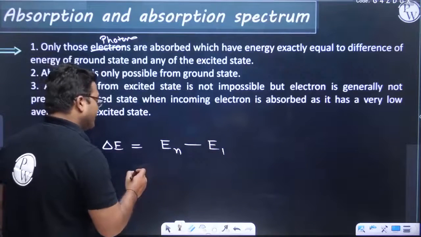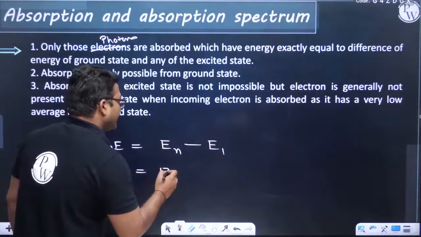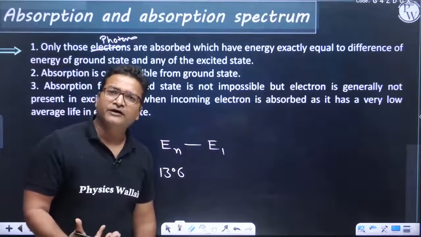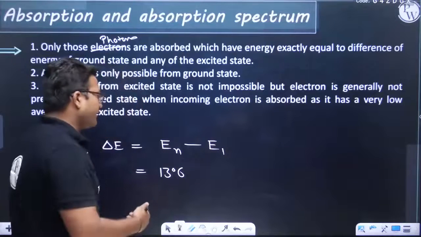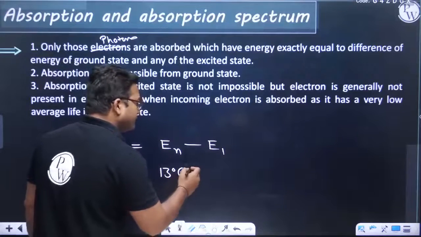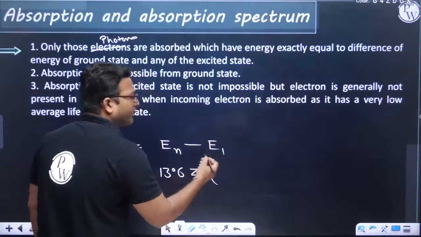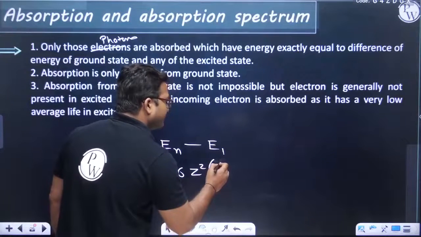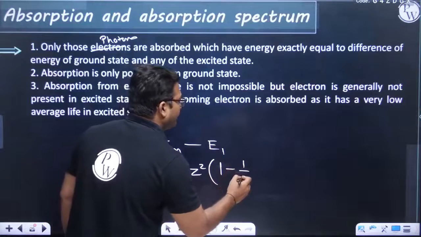If you put in the values, you will find 13.6, because energy is equal to minus 13.6 times Z square by n square. So we have 13.6 Z square; if we are talking about hydrogen, Z is 1. And here we have 1 divided by 1 square, that is, 1 minus 1 by n square.